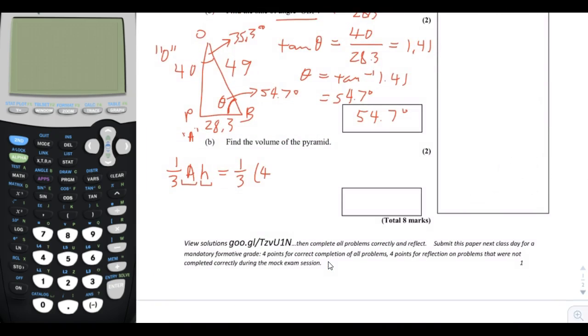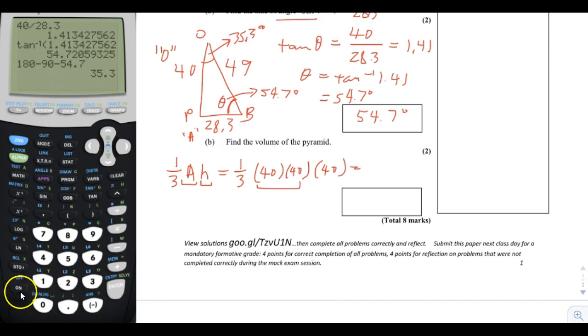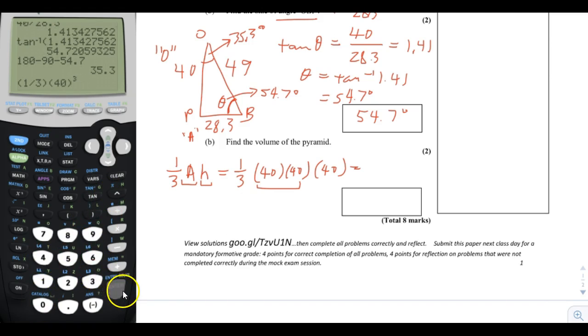So the base is going to be 40 by 40. This is the area of the base. And then multiply it times the height of 40. So we multiply all these together, and it's 1/3 times 40 times 40 times 40, or 40 cubed.